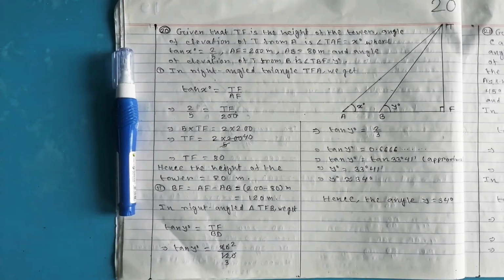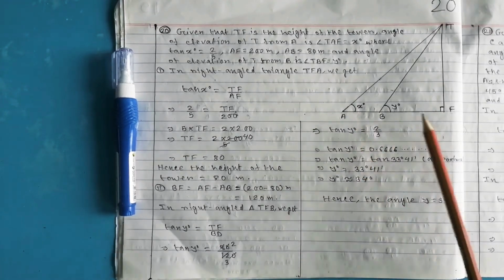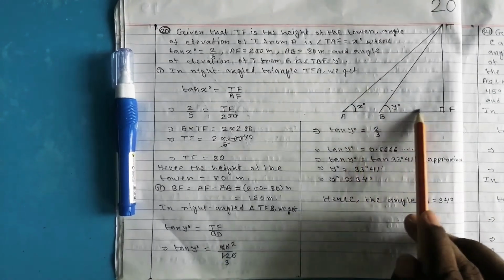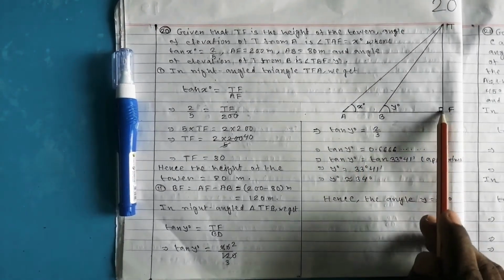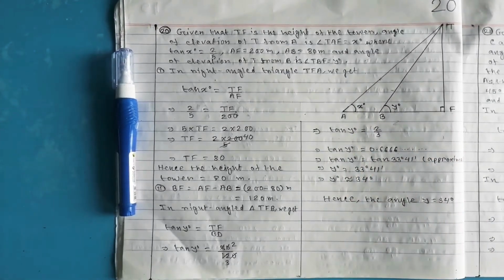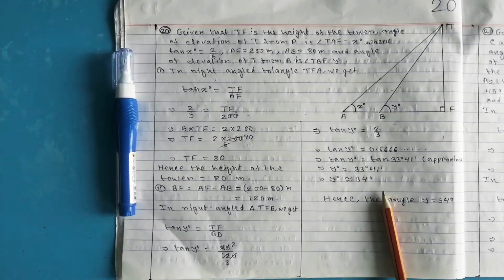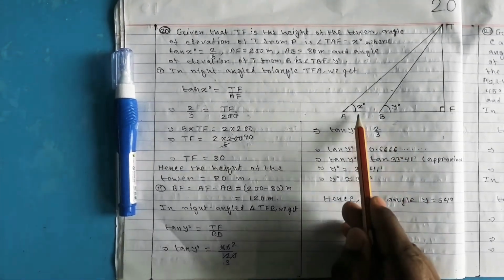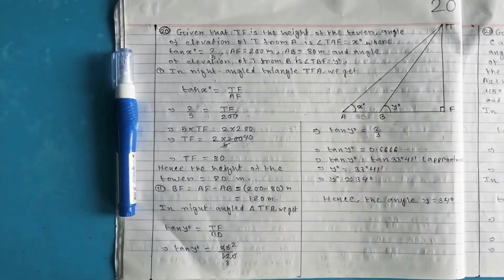AF equals 200 meter. AF, that is given 200 meter. This total distance AF is given 200 meter. The elevation of T from B, where AB equals 80 meter, this distance is 80.